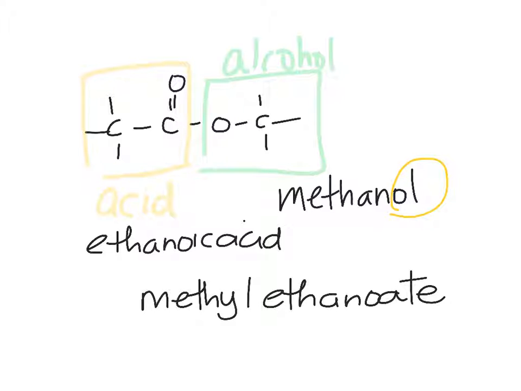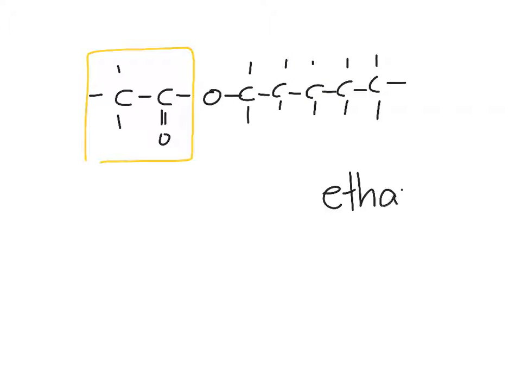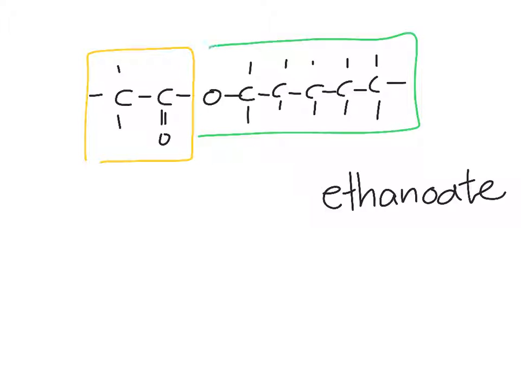This is all example 1. The acid was ethanoic acid, so it becomes ethanoate. What was the name of our alcohol? How many carbons? It was pentanol, so we changed the OL to YL.